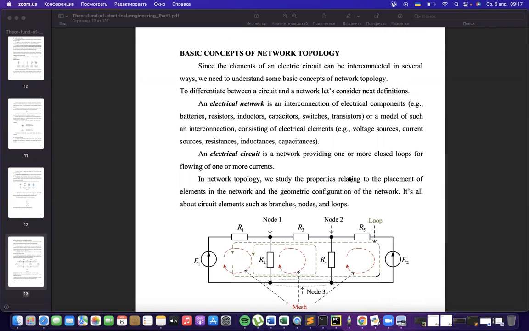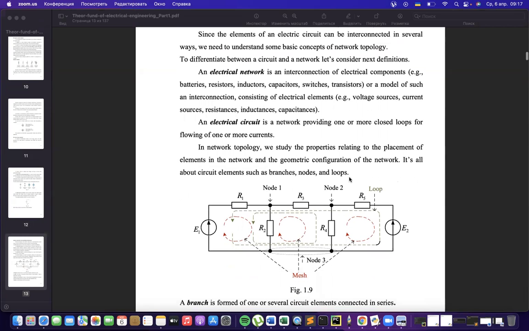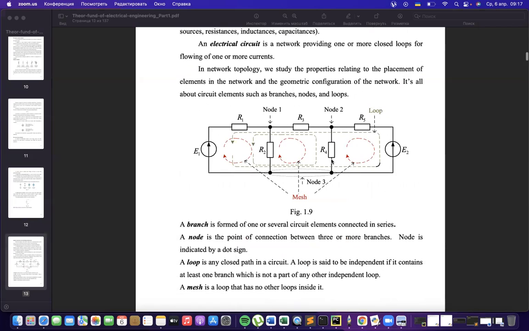Then we were talking about the basic concepts, the basic topological elements inside our model. We discussed that the main elements in electrical circuits are a combination of sources and consumers, a combination of sources and resistors.